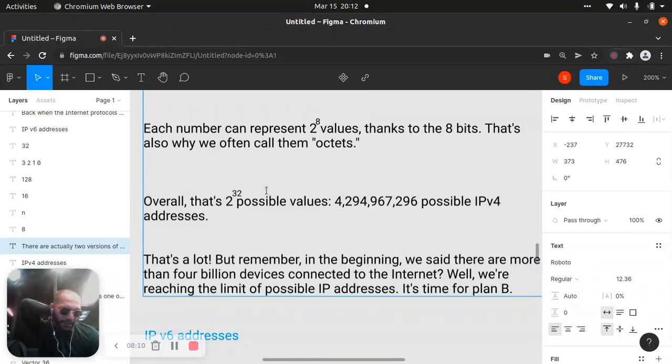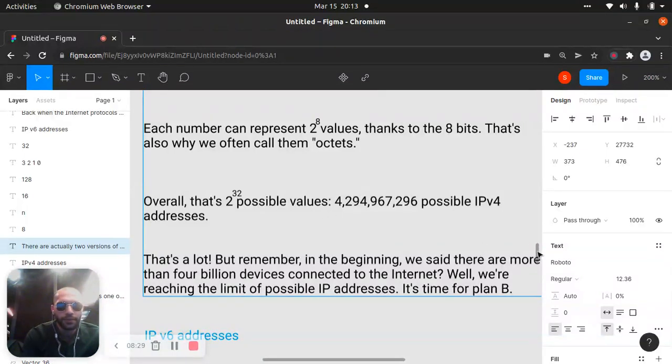Because why? I told you in each step we have 8 bits: 8, 16, 24, and 32. So it's 2 to the power of 32, and that gives us this number of possibilities for IPv4.